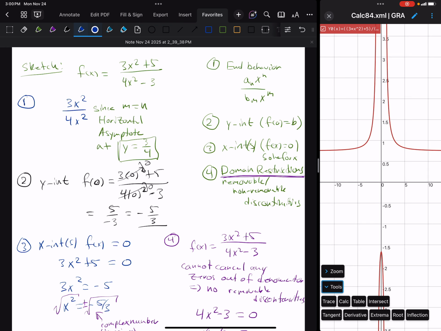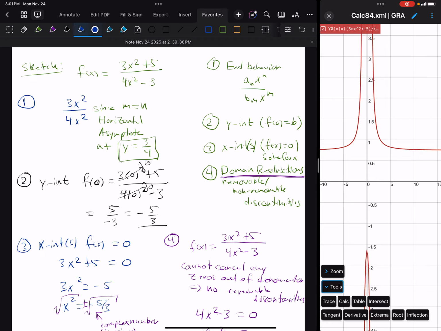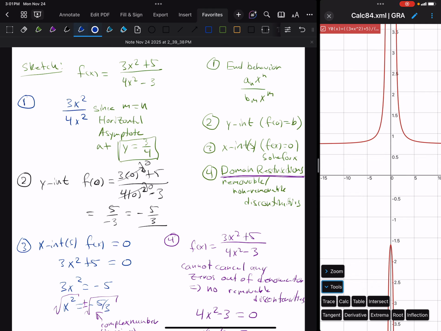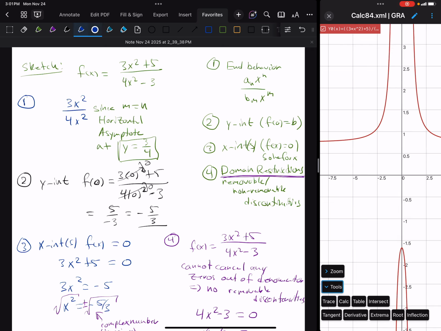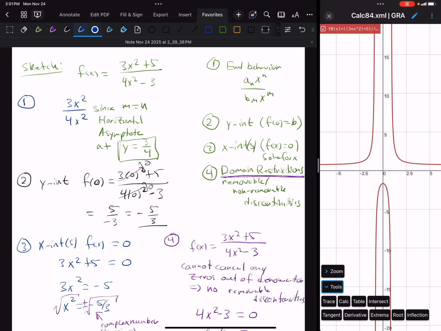And it's hard to tell on this, but that looks like about 3/4. That's not a half bad sketch for the information we had. All right, I hope this helps us in sketching our rational functions.